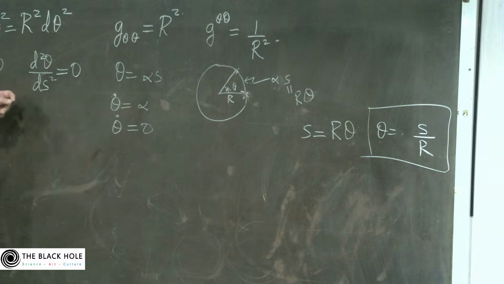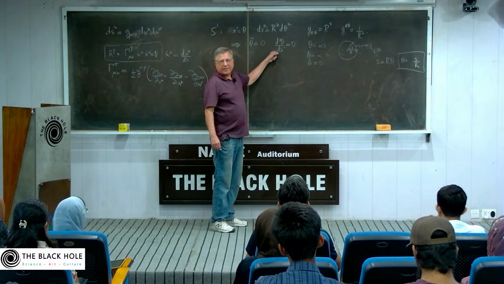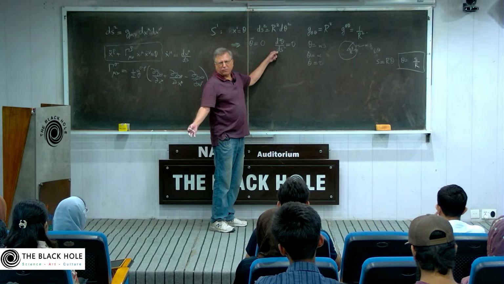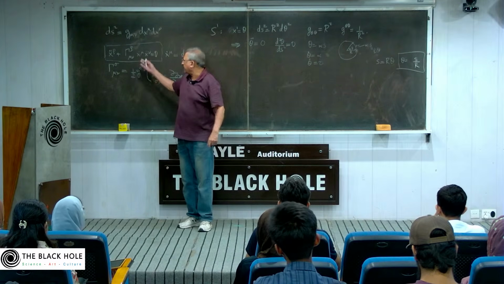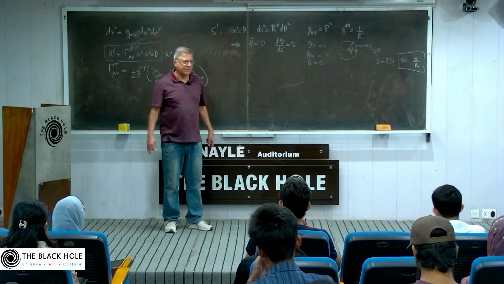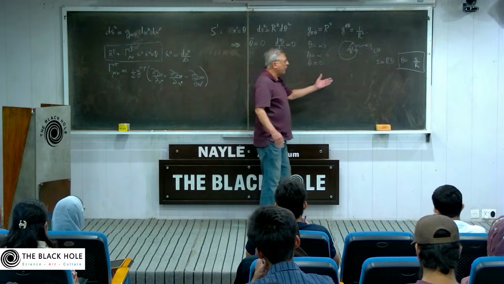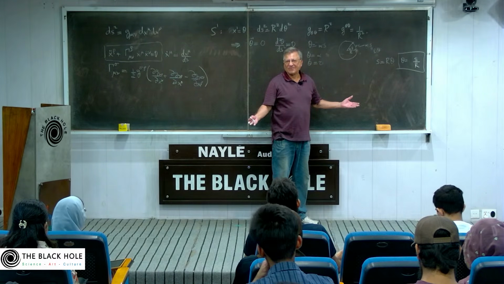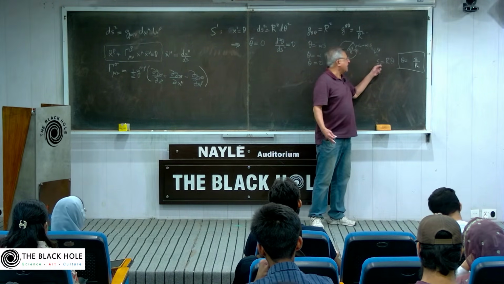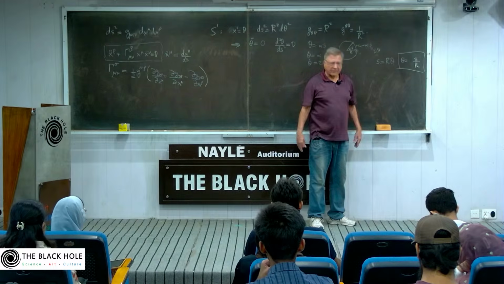Hence, the geodesic equation is satisfied. That's all that this is telling us. The geodesic equation has to be satisfied. So we got back what we knew, that S is equal to R theta.